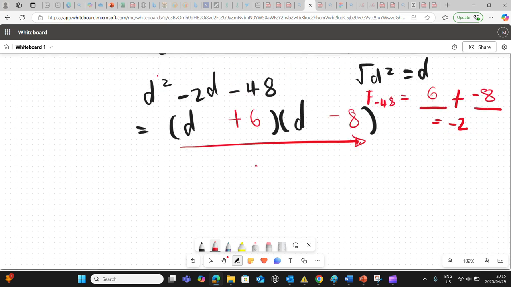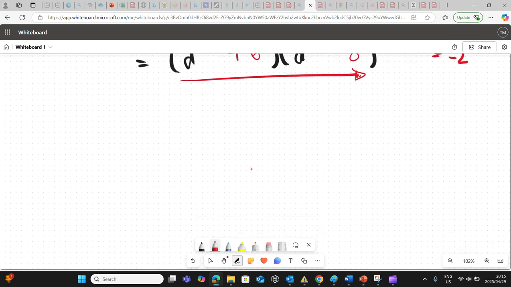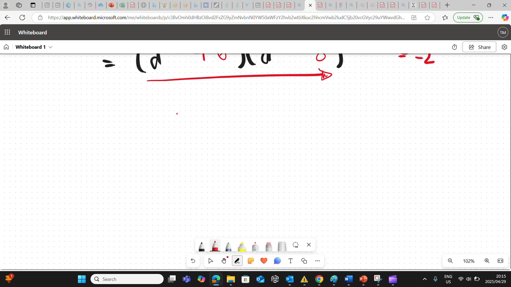So we looked at simple trinomials. I hope that makes sense, and I hope you are at least following the procedure that we do when we're solving these.